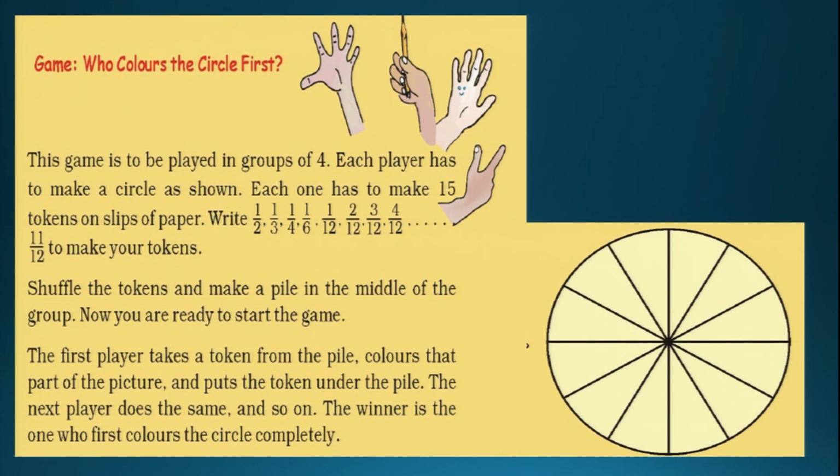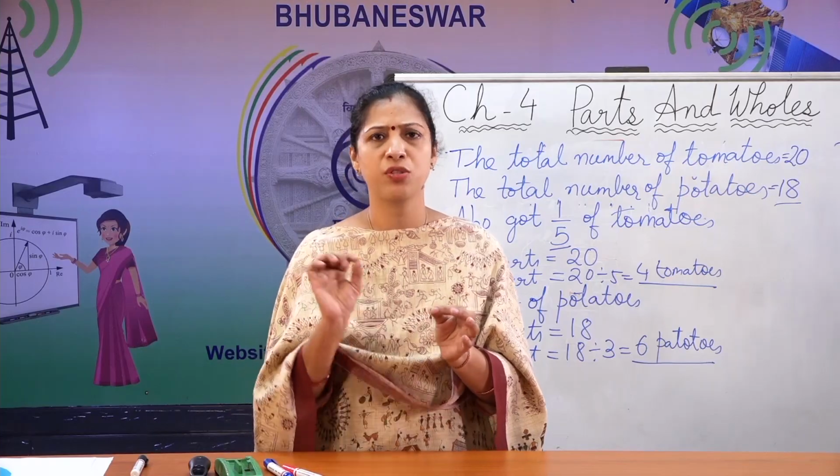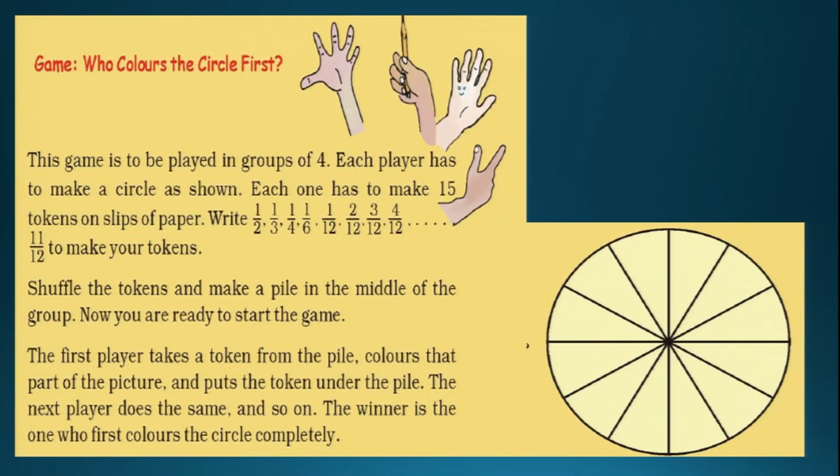You have to divide the circle into 12 equal parts and make a chit out of it. Make fraction chits like 1 by 2, 1 by 3, 1 by 4, 1 by 6. Make a chit means write down that fraction on a small piece of paper and keep it in the middle.